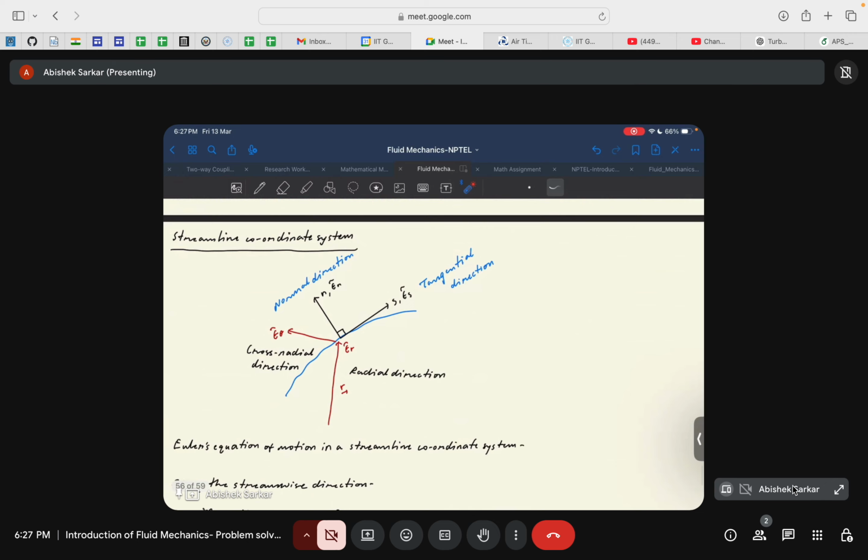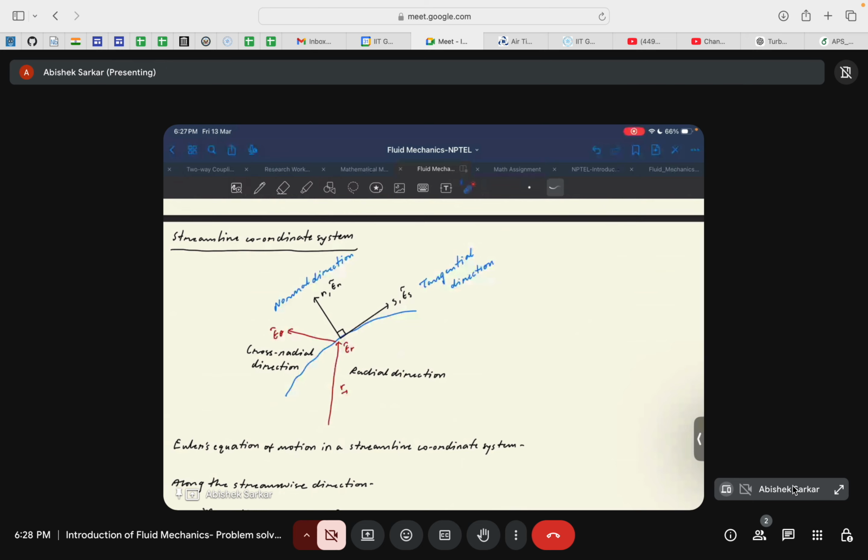So now let us discuss the streamline coordinate system. I will briefly discuss it, because the details of the derivation, like how the Euler's equation of motion along the streamline and normal direction is derived, I won't do. It's a basic change of coordinates from a Cartesian to a streamline coordinate system.